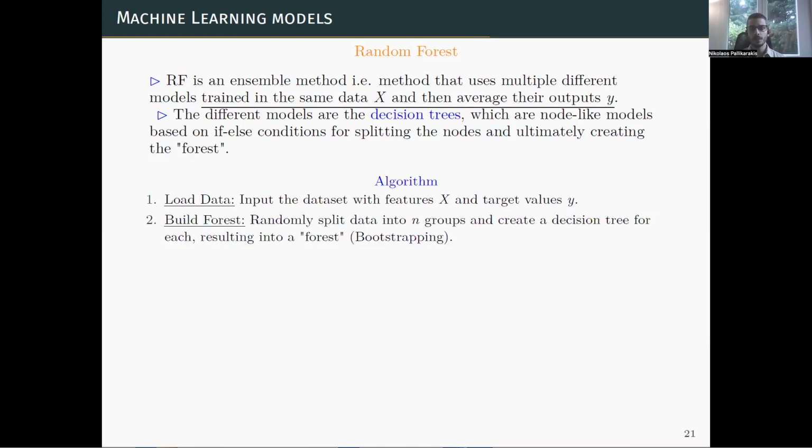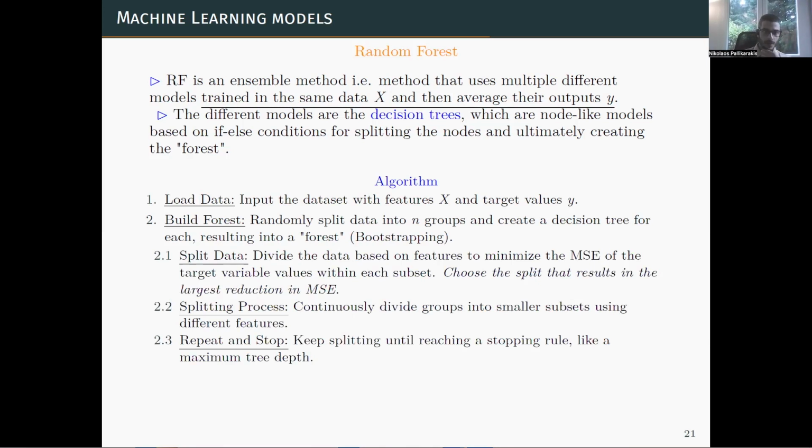We randomly split the data by a method called bootstrapping. So we have our initial dataset, and by shuffling and splitting, we make n groups, new datasets produced from the original one. For each of these datasets, we make one decision tree. So if we have n groups, we also have n decision trees, one for each.